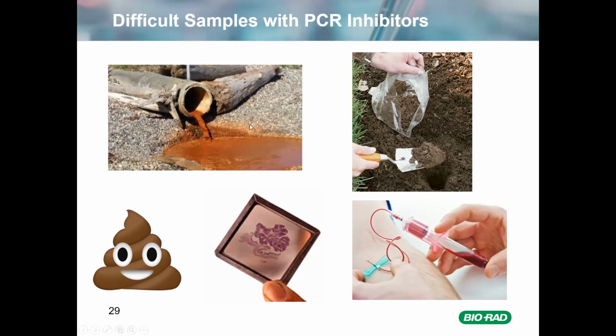I'm going to show you an example of looking at communal water, also soil samples, pretty much any type of bodily fluid, so blood, urine, feces, tears, saliva, as well as samples such as FFPE, which have fixatives, as well as a lot of chewed up DNA and high background. So the common theme with all of these is that these are samples that have been notoriously difficult to work with by qPCR because of the presence of PCR inhibitors.